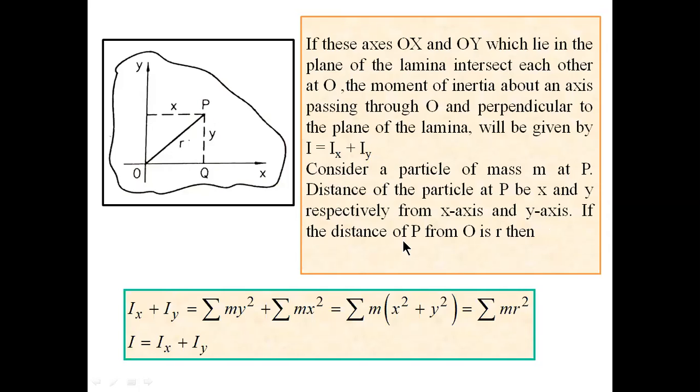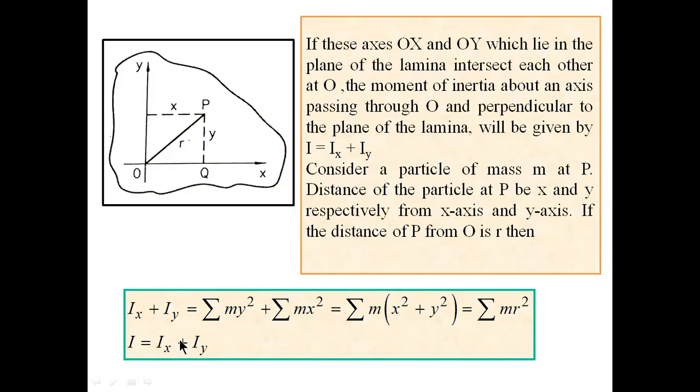If the distance of P from O is r, then Ix plus Iy equals summation over m y square plus summation over m x square, which equals summation over m times x square plus y square, and we can write it as summation over m r square.